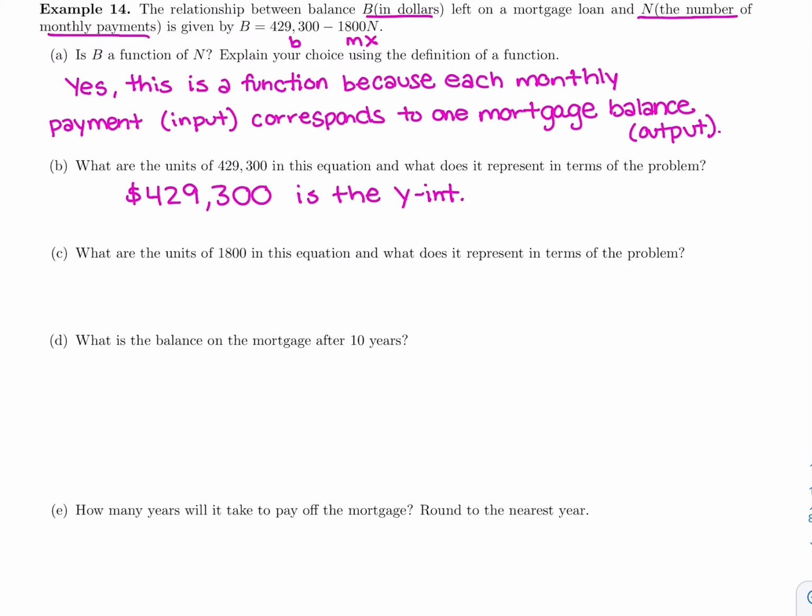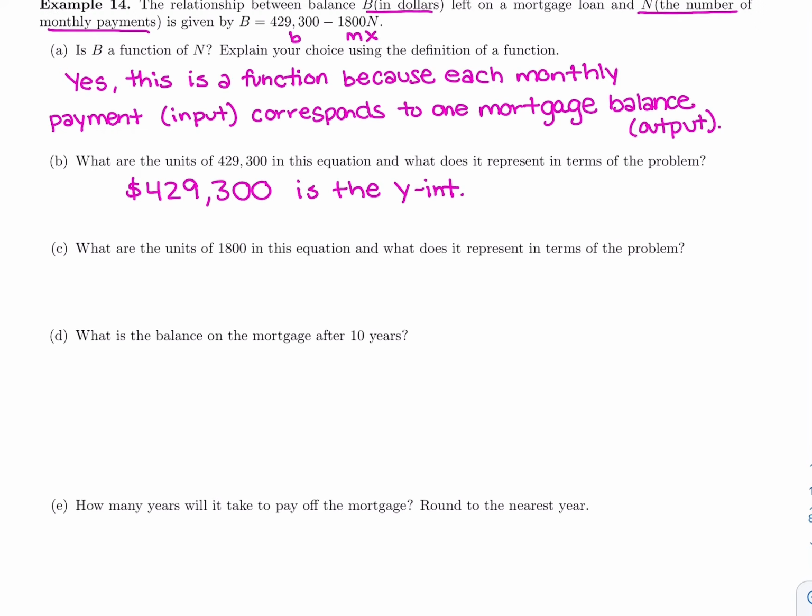So that's what we're going to have as our starting point when n is 0. Y-intercepts are starting points. Starting point when our input, this time it's n, not an x, is 0. So that tells us where we're starting out.